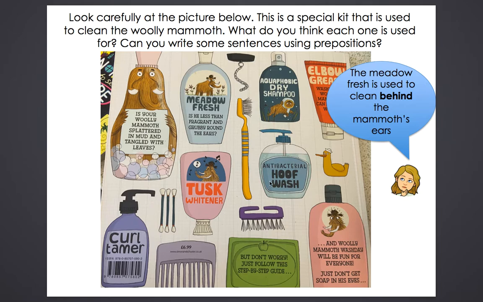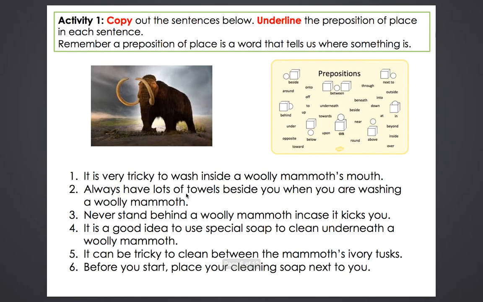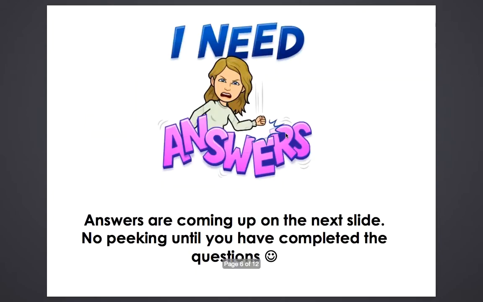Okay, I might say that the antibacterial hoof wash is used to wash in between the woolly mammoth's toes. Okay, so have a go at that. You don't need to write many sentences for this because there's another activity to do. So maybe just write 2 or 3 sentences using your prepositions. Remember, look back at the previous slides for some examples of some words that you can use.